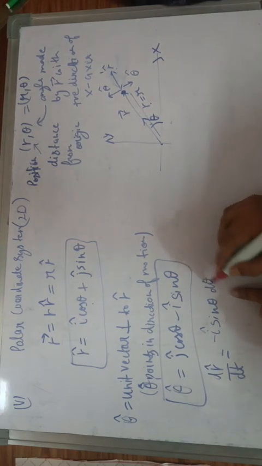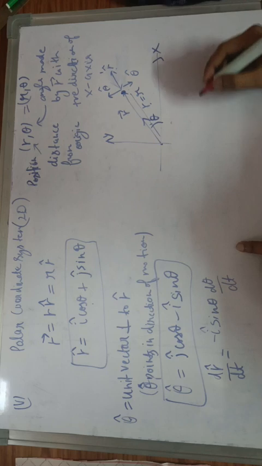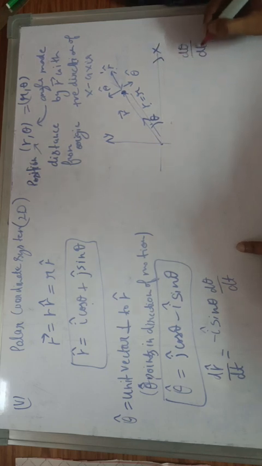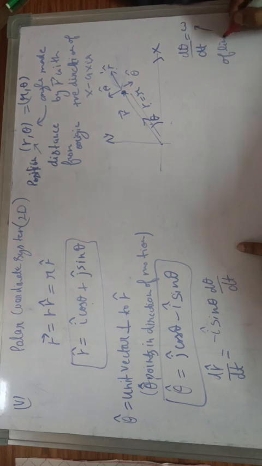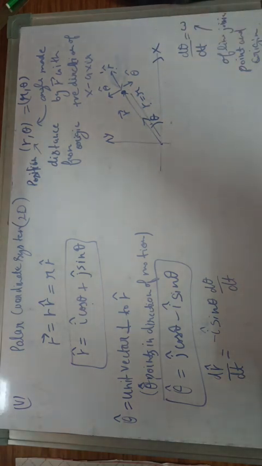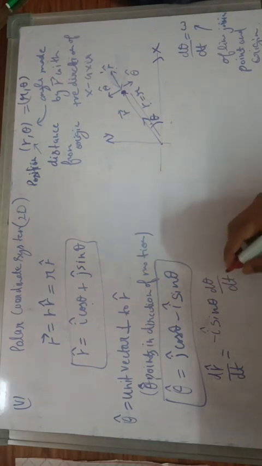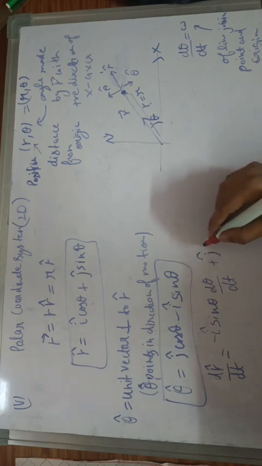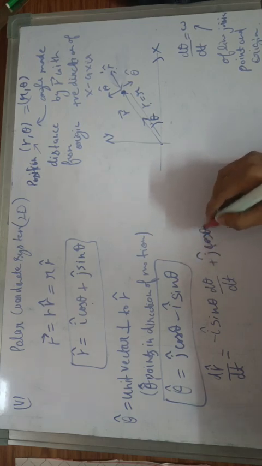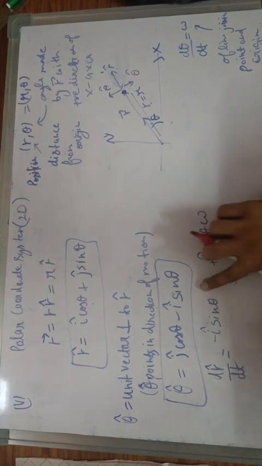Now we will say that d theta by dt is equal to omega of the line joining the particle point and origin. So this is what omega means. Omega is the angular velocity of the line joining the point and the origin. So here, differentiating this will give j cap cos theta omega. We will write this as omega.